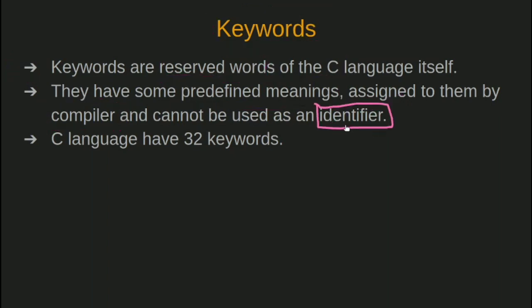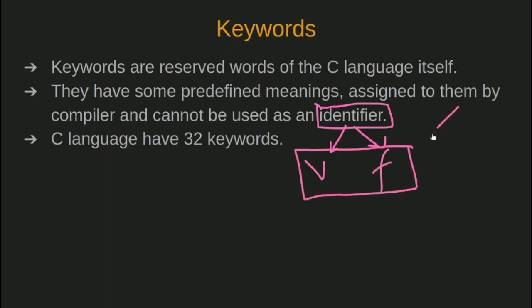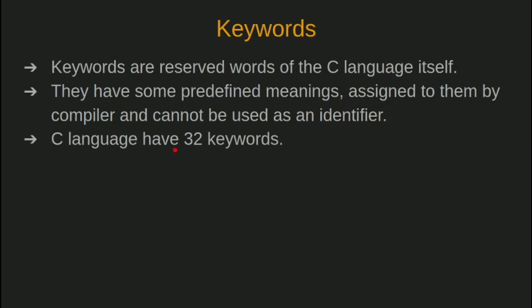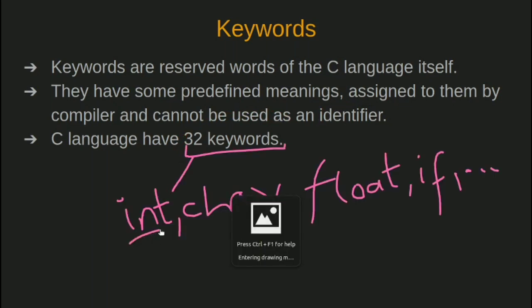Now if you are wondering what an identifier is, these are basically unique names given to entities like variables and functions, so that they can be referred to during the execution of the program. The C language has 32 keywords, and some of them are int, char, float, if, and so on.